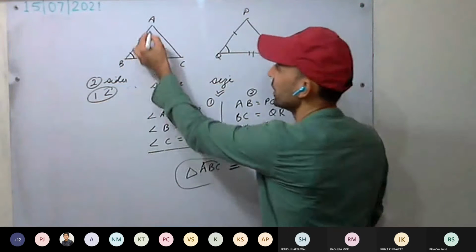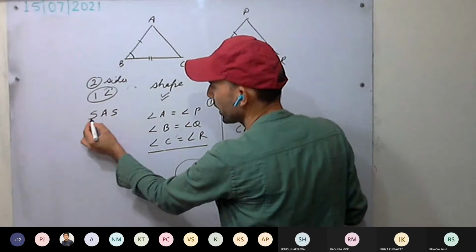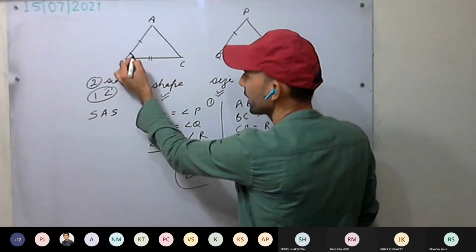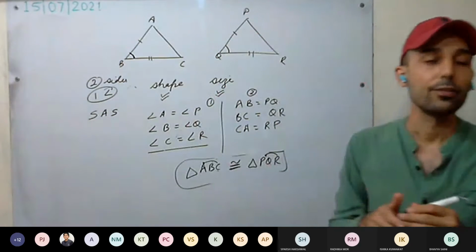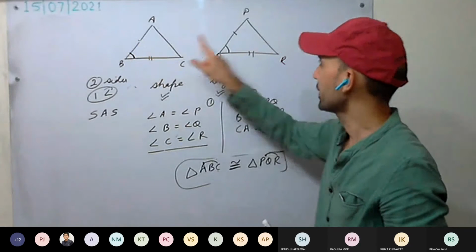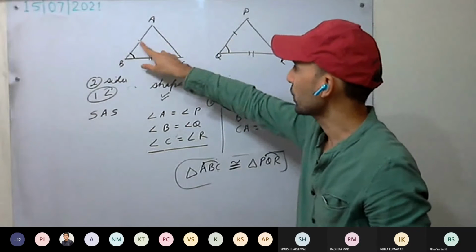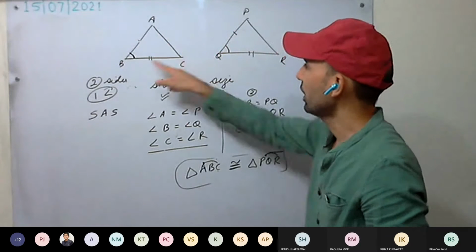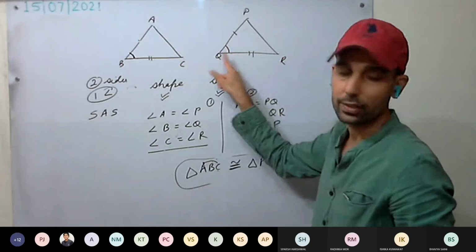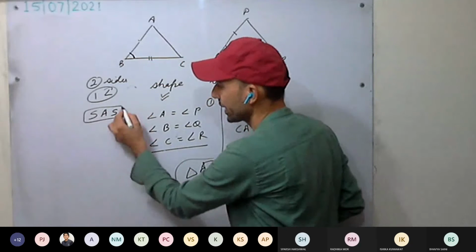So which theorem is it? Side, angle, side. We are proving two sides and the included angle. Two sides and the included angle between them are equal; corresponding sides are equal and corresponding angles are equal. Which angle? The included angle. So this theorem is called SAS.